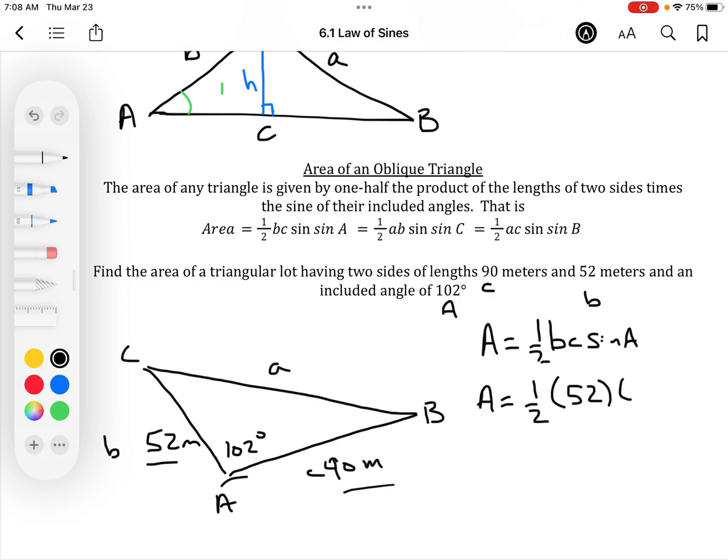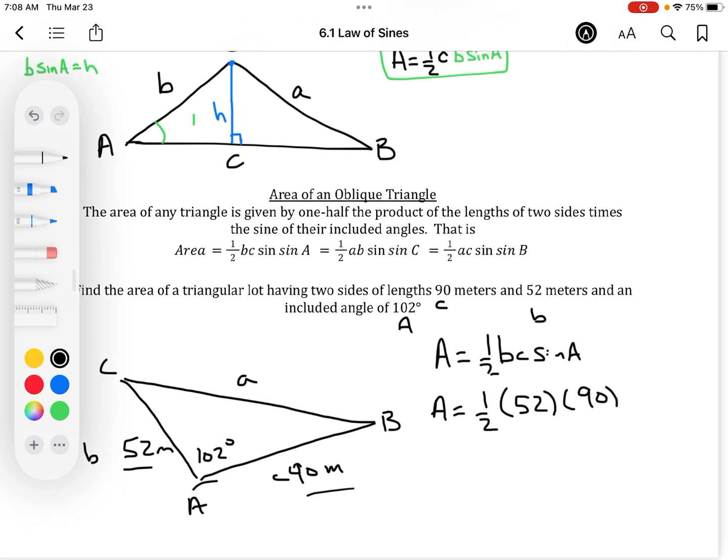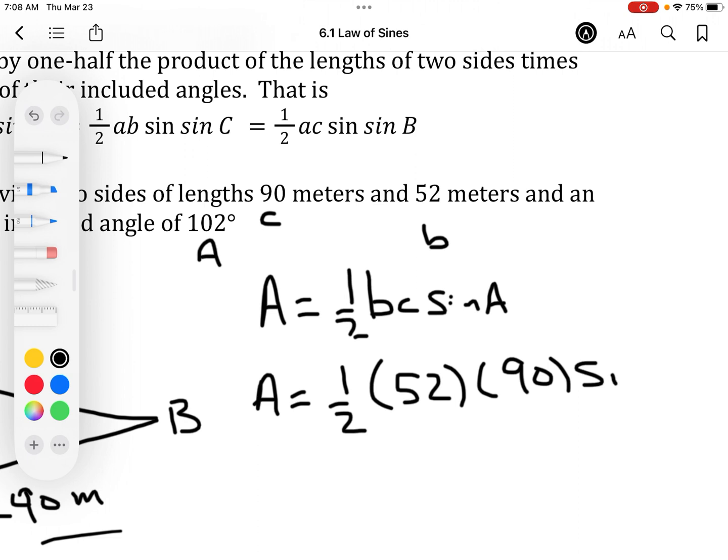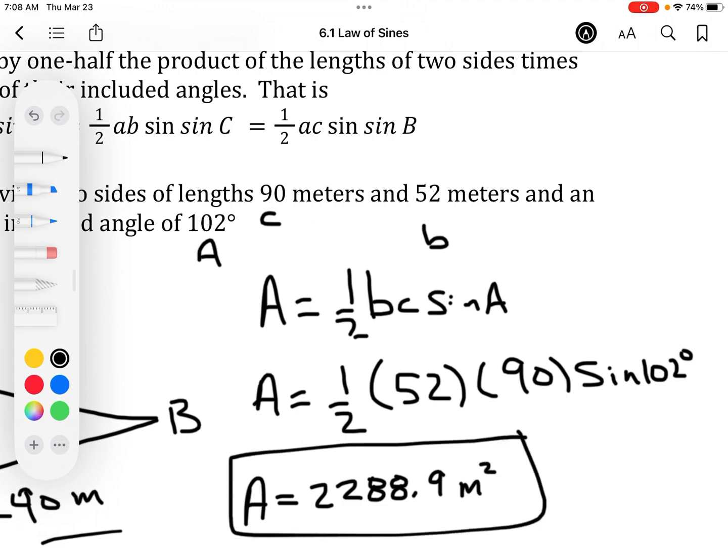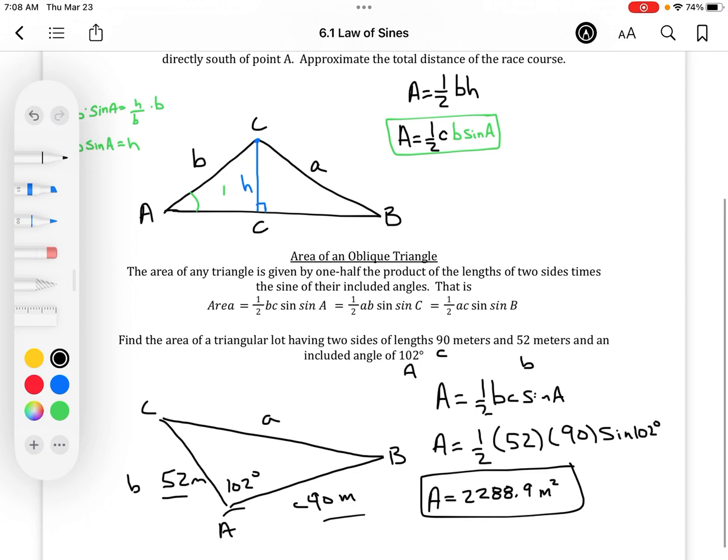We said that B is 52, C is 90, and that's times the sine of 102 degrees, and multiplying that all out, we get 2,288.9 meters squared. Don't forget a label.